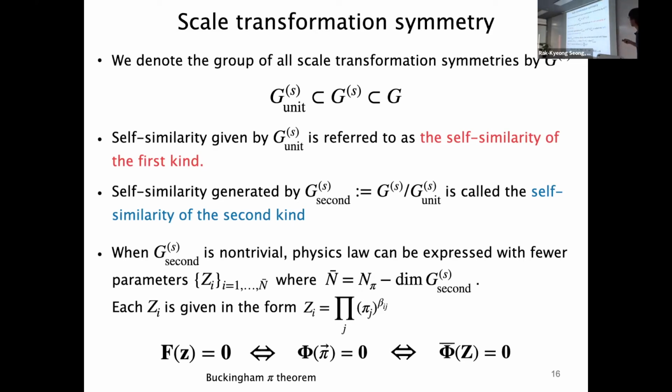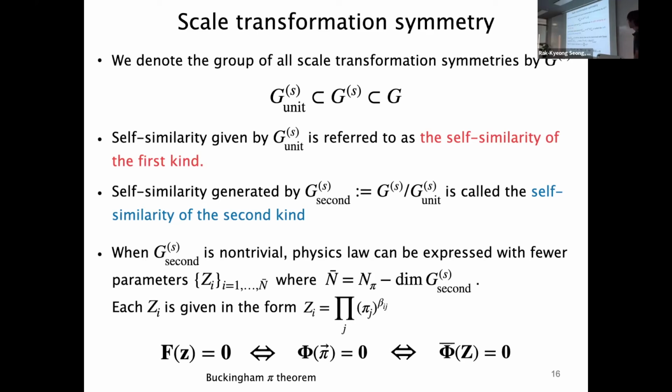If these two groups are equal, then there is no non-trivial scale transformation. But if this group is non-trivial, we have some physical self-similarity, and the self-similarity generated by this group is going to be called the self-similarity of the second kind.